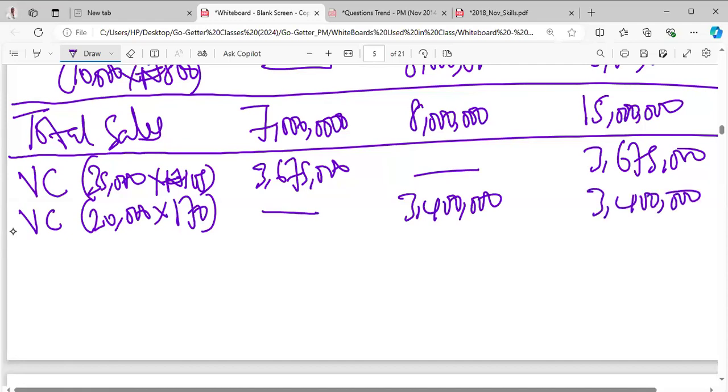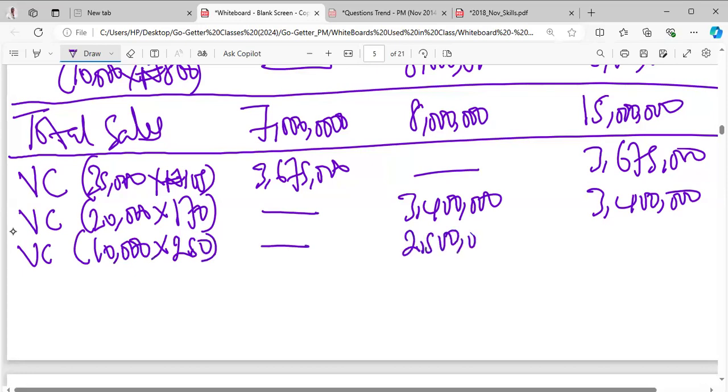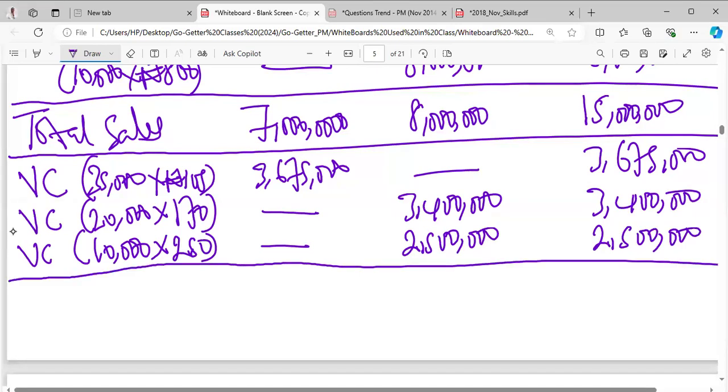Now, when these other people are making the 10,000 units, they are making it at a variable cost of 250. That's still going to be 2,500,000. The group is spending 2,500,000. So this is how those other ones should have been. That's why the other space was smaller. So we have total variable cost.